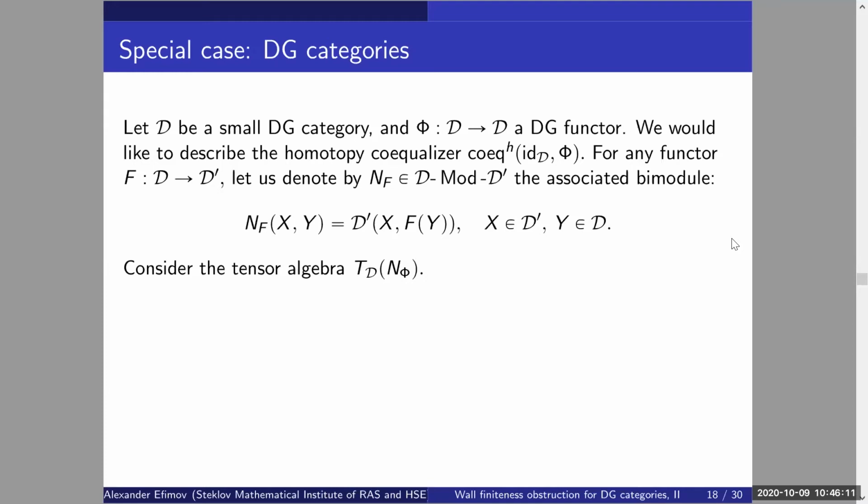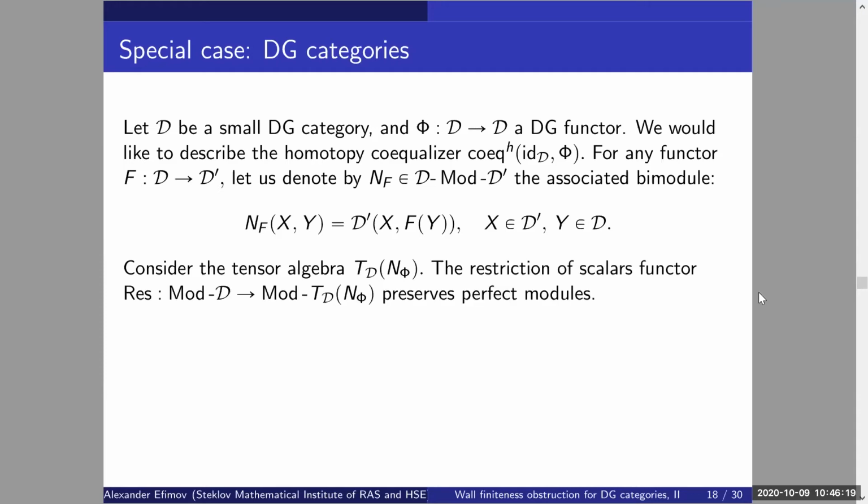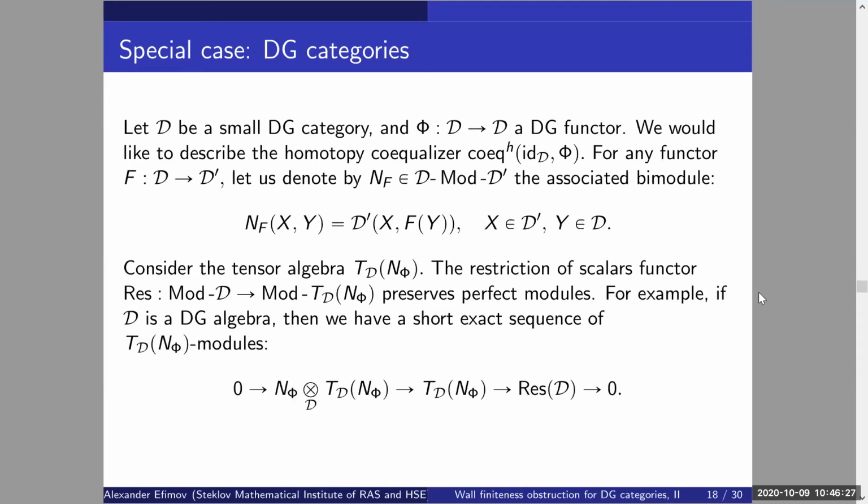Then we can take the tensor algebra of the bimodule associated to this endofunctor. And the restriction of scalars functor from modules over D to modules over this tensor algebra preserves perfect modules. This is easy to check. For example, if D is a DG algebra, then we have just a short exact sequence of modules, and the first two of them are perfect. So this restriction of scalars is also perfect.